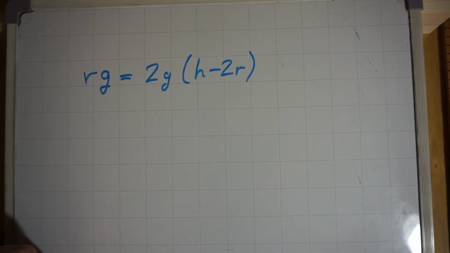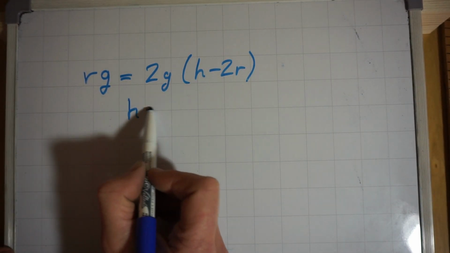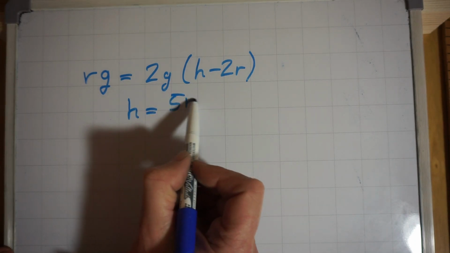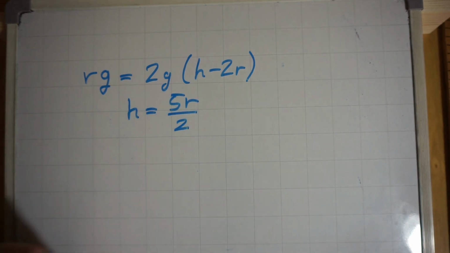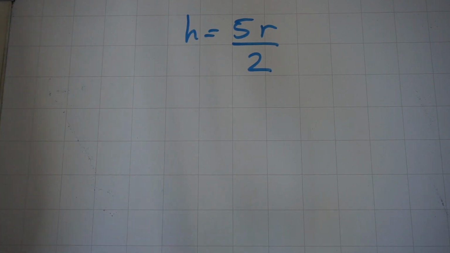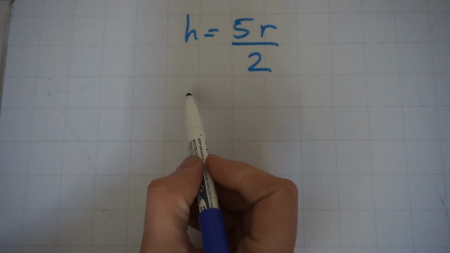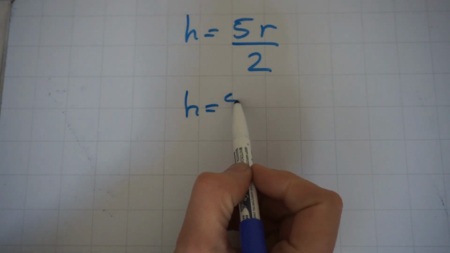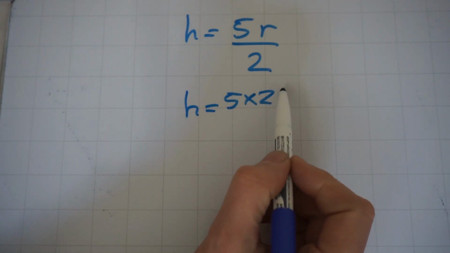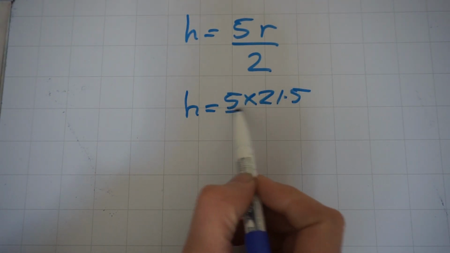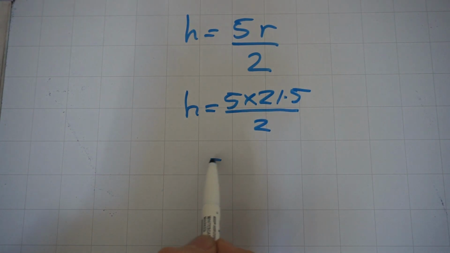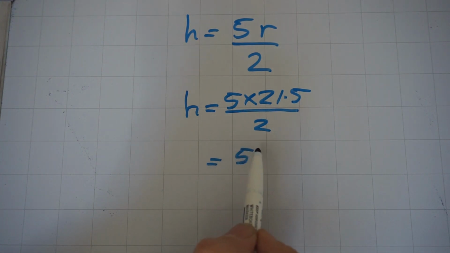Rearranging that, we can show that h equals 5r over 2. Now we can substitute our radius, so h will be equal to 5 times 21.5 over 2, which equals approximately 54 centimetres.